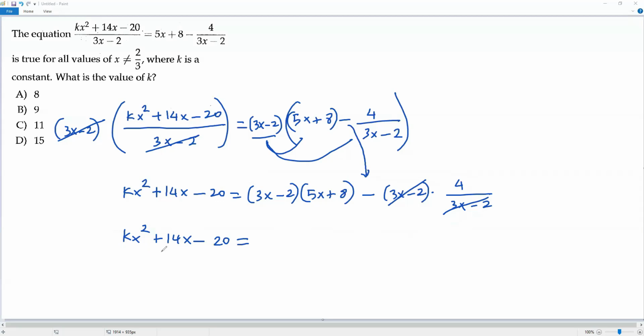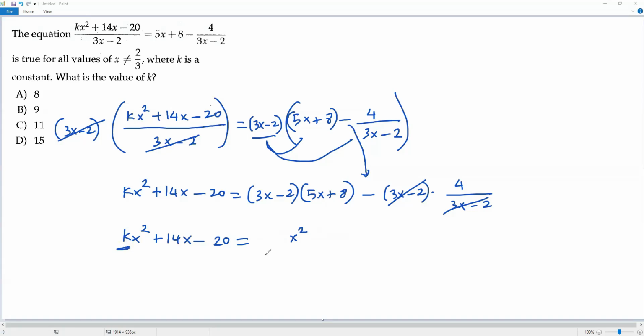So if I get the x² term on the right side, I can equate the coefficients of x² and get the value of k.